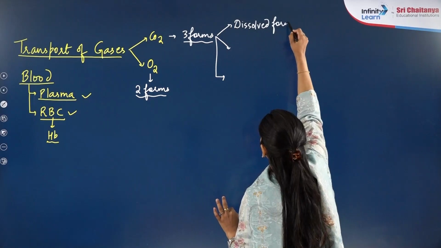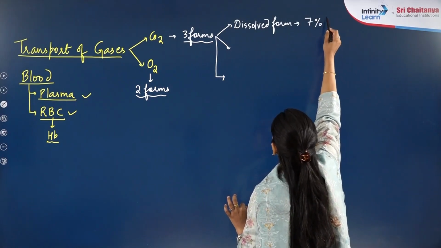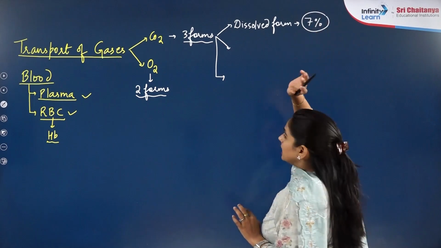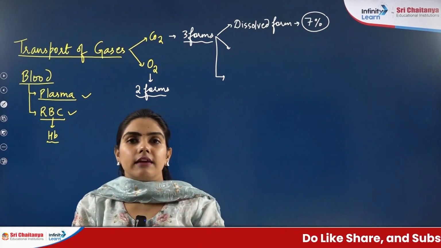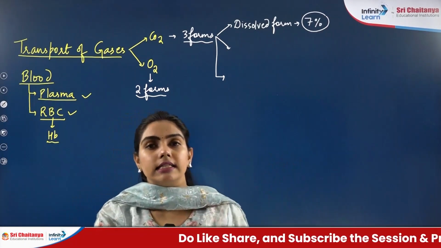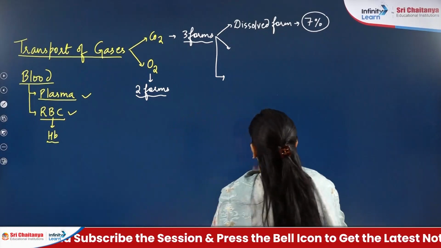So that is why in dissolved form it is going to be transported, how much percent? 7%. From total carbon dioxide, 7% is going as dissolved form.